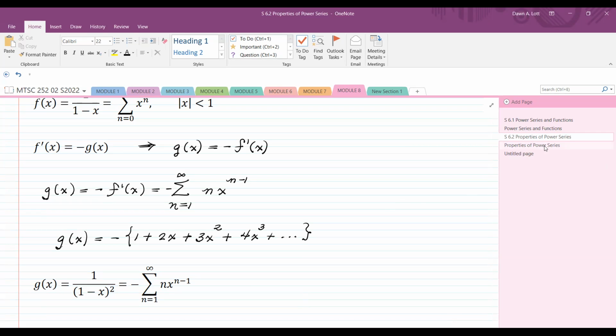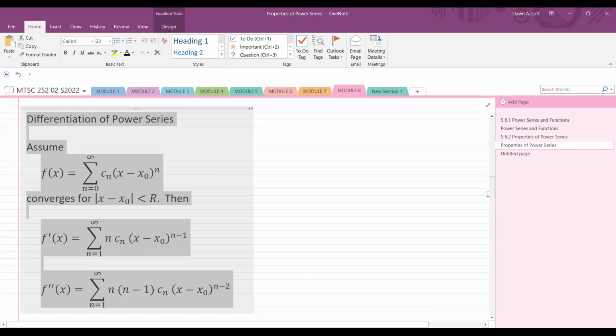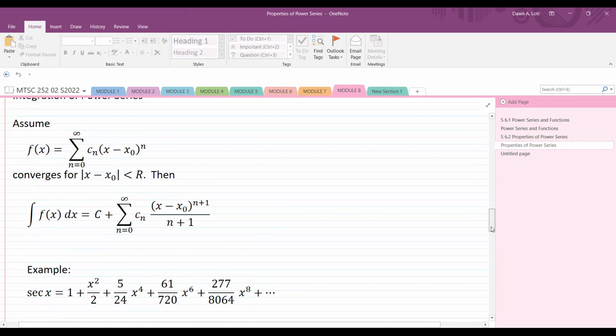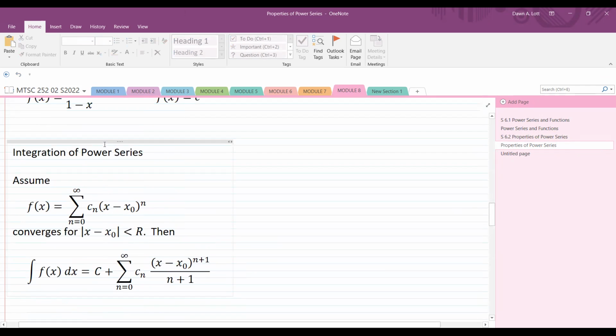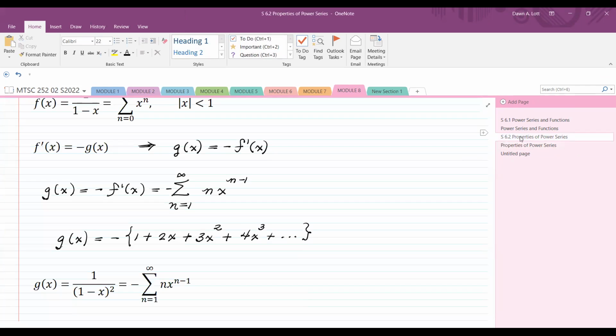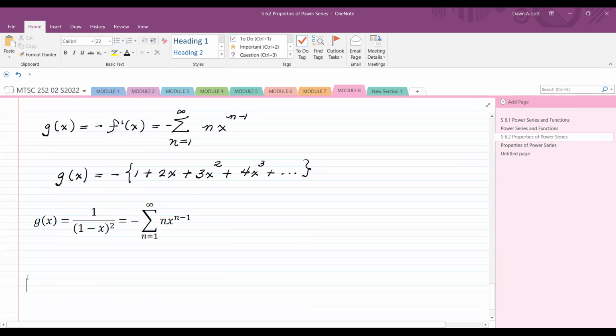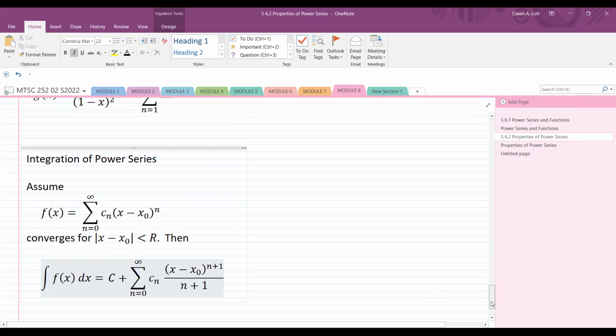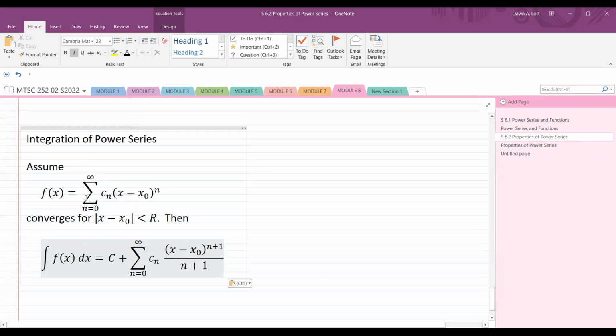All righty, let's do integration. We can integrate power series the same way we can differentiate them. For integration of power series, we can assume f of x is equal to this series, and it converges.